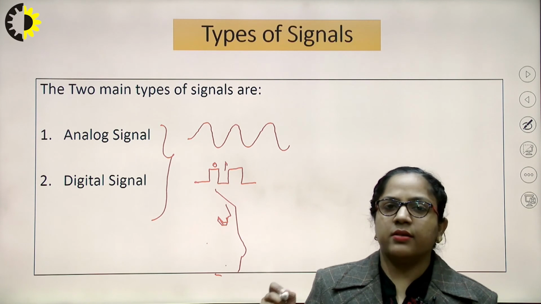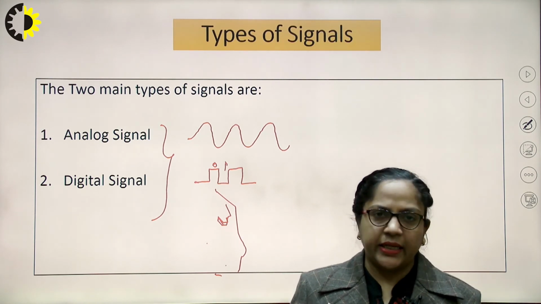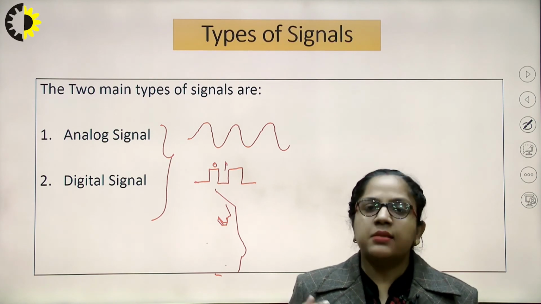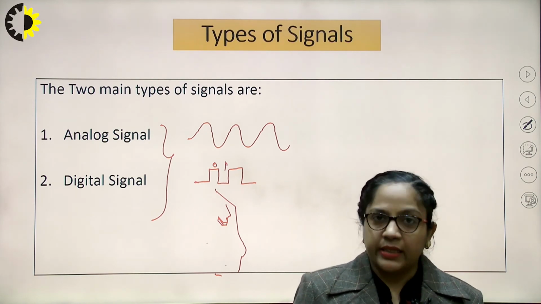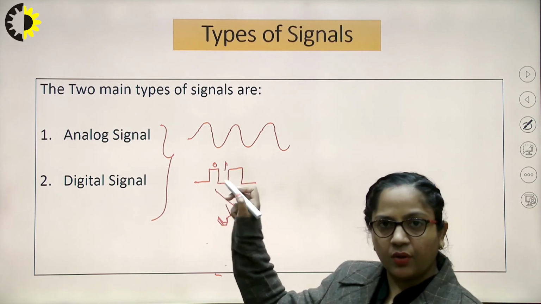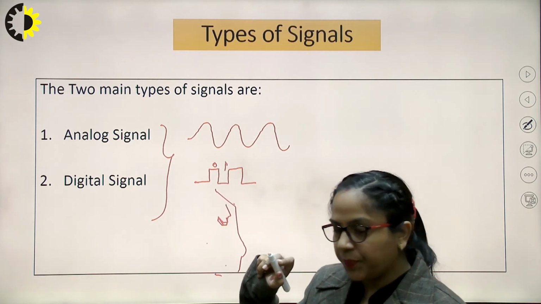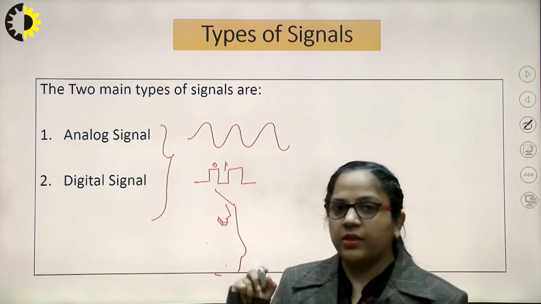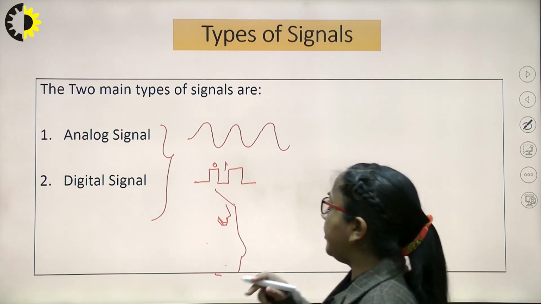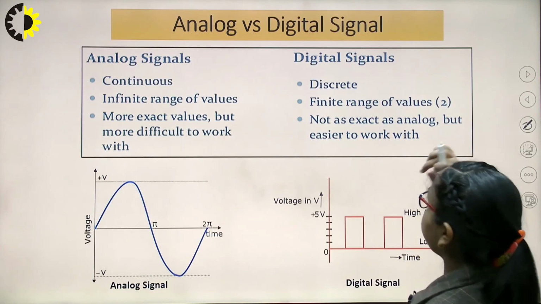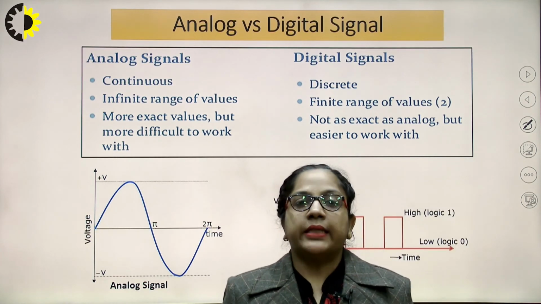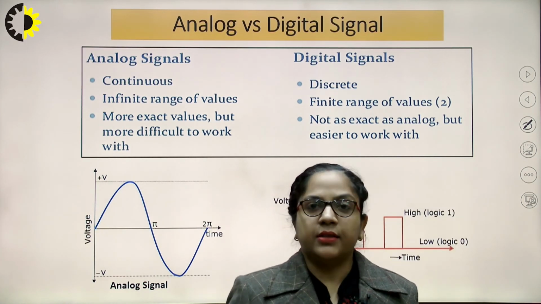So, analog signal is a continuous signal that can take any value. Digital signal will be in the form of discrete signal and it will take limited value over a given period of time. Other than these two types of signal, we can also categorize signals in some more categories like continuous time signal, discrete time signals, that we will study.